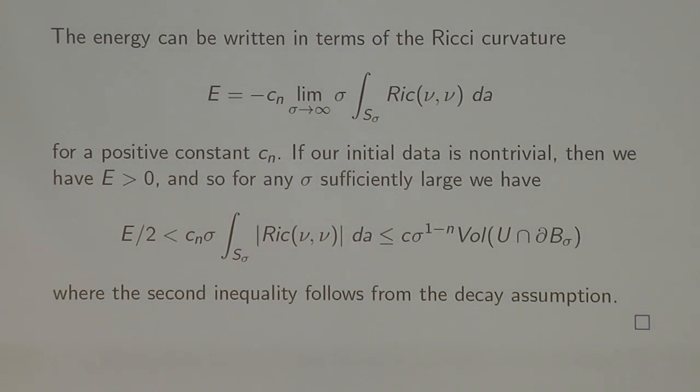So the Ricci involves 2 derivatives. So it'll fall off like order r to the minus n. And then I have a sigma out front, so I get sigma to the 1 minus n times the volume. So in other words, the set U has to intersect the sphere in a set which makes up a fixed fraction of the volume. That's the consequence of that.